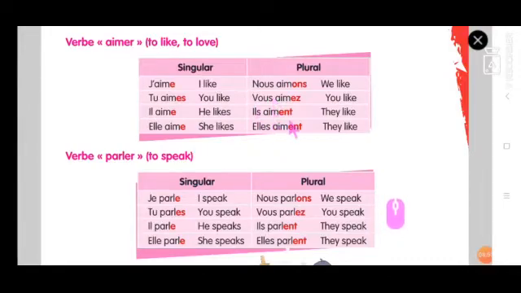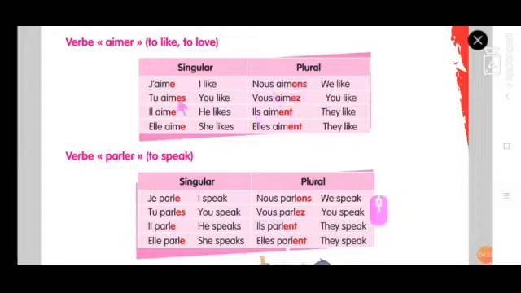Even though the spelling is different, the pronunciation is the same. Then nous aimons, vous aimez is sound number 2. The first word ends with S and the second word starts with A, so nous aimons, vous aimez.